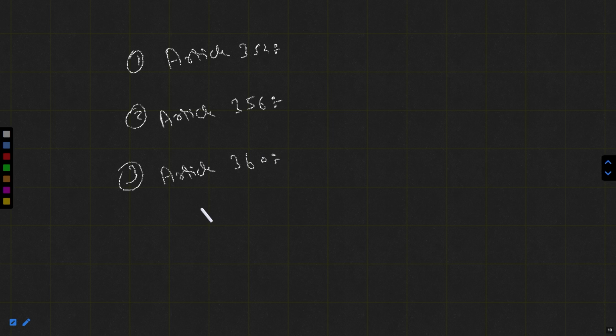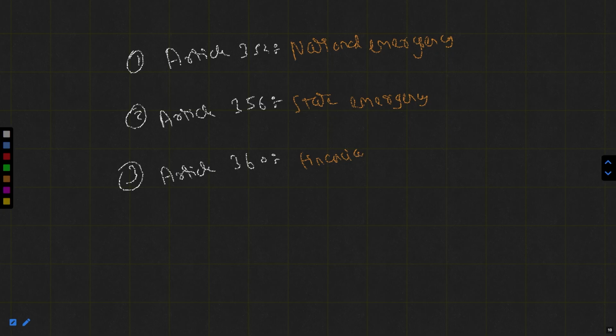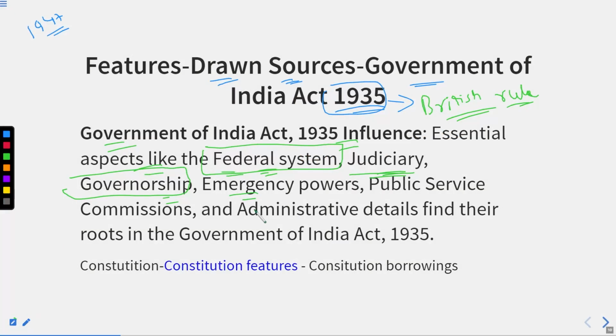The first article stands for the national emergency. The second article stands for the state emergency. And the third article stands for the financial emergency. So these three articles we have for the emergency, and that was mentioned in the 1935 Act.